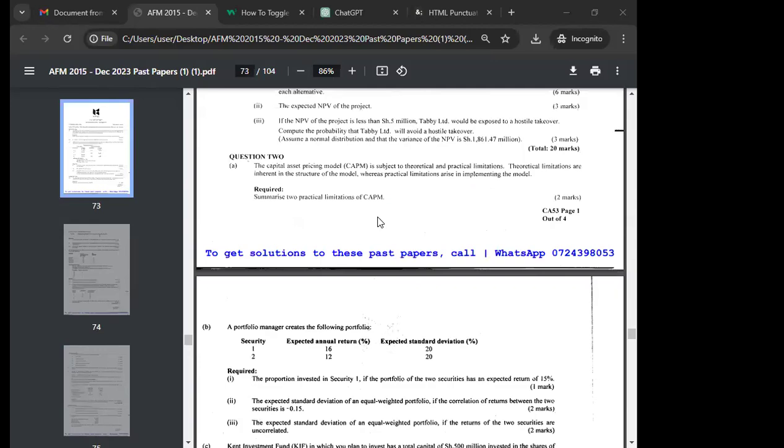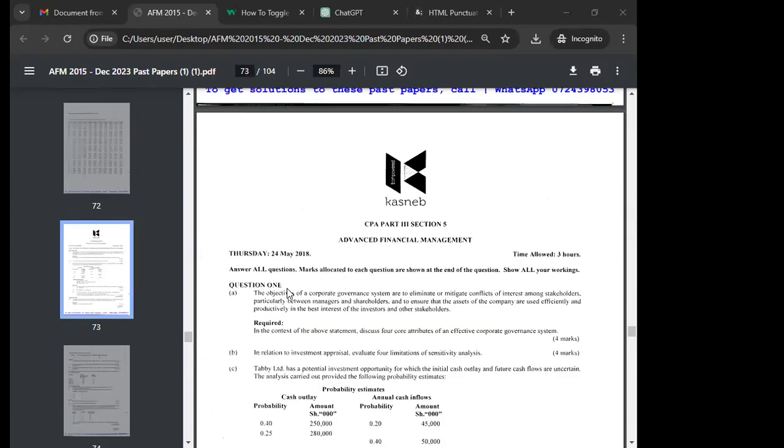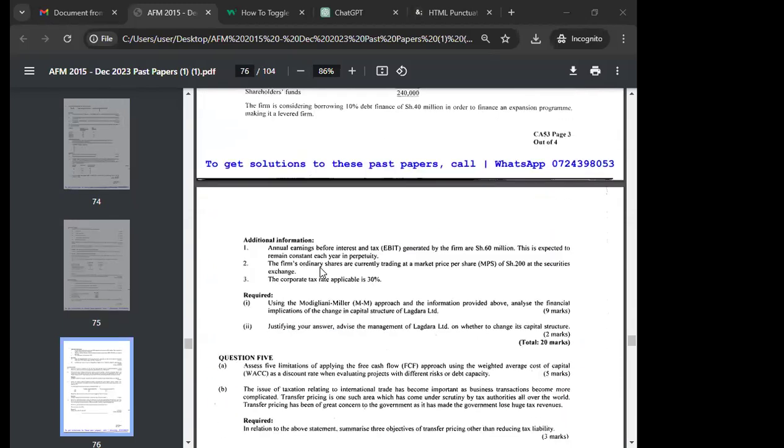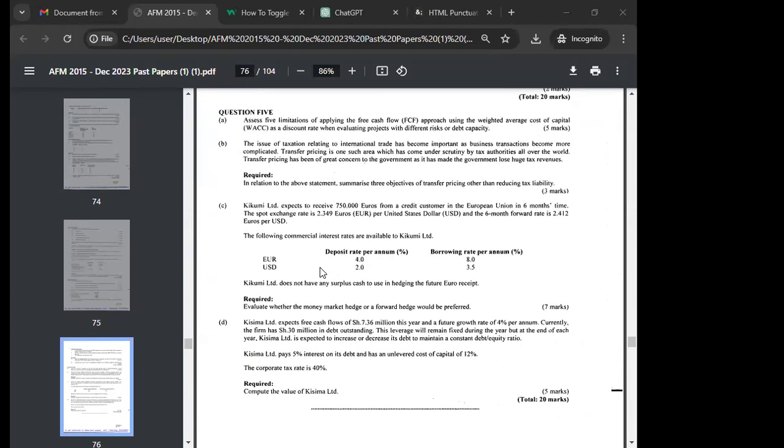We're sitting in May 2018. Can you guys try this? They are saying that Kikumi Limited expect to receive 750 euros from a credit customer in the European Union in 6 months' time.